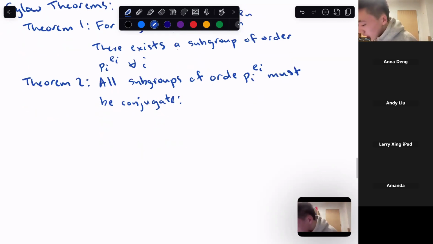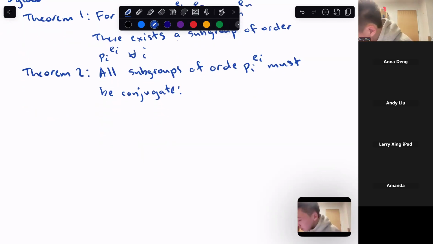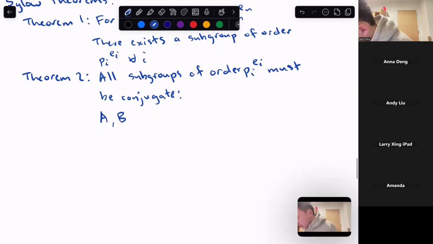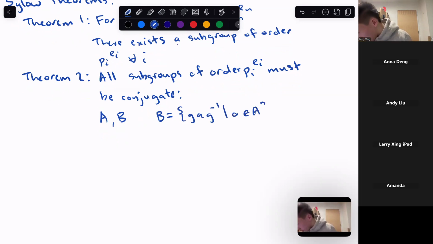Well, that means that suppose you had two subgroups A and B, which were subgroups of order p_i to the e_i. Then B must be equal to g A g to the negative one for some g.